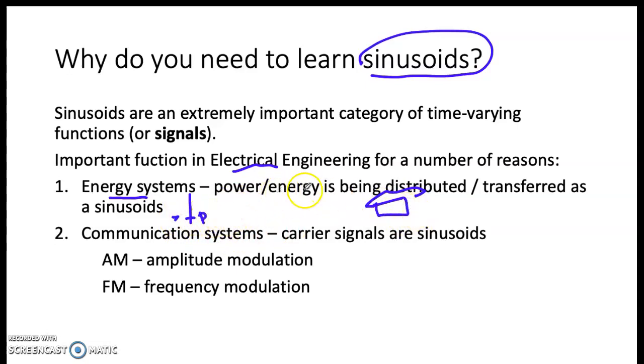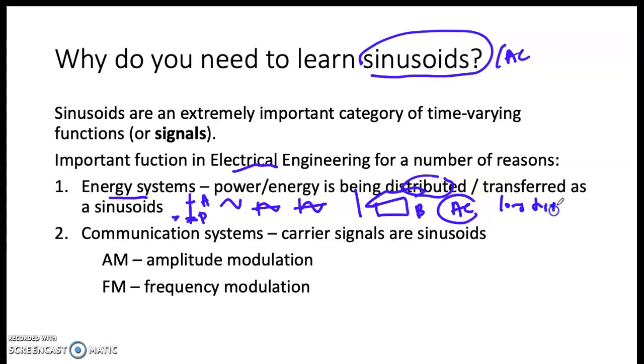In order to have efficient distribution, the transmission of power from location A to location B needs to be in the form of an AC signal. Why? Because AC is good at transmitting or distributing power over a long distance. We can't transfer power efficiently using DC. So AC is very efficient in transferring energy from one location to another, and we use this in energy systems.